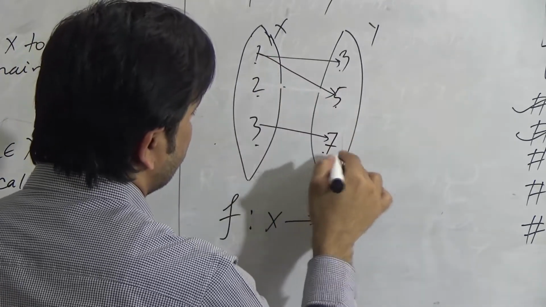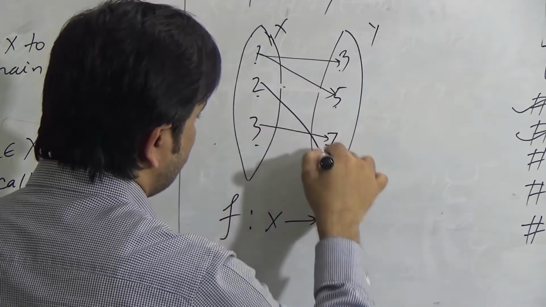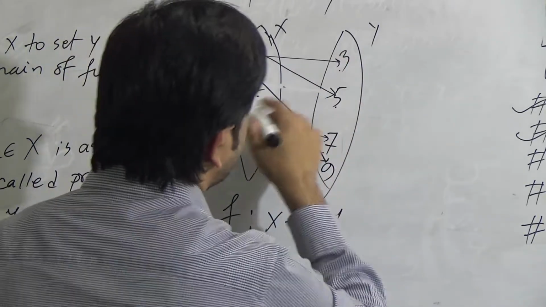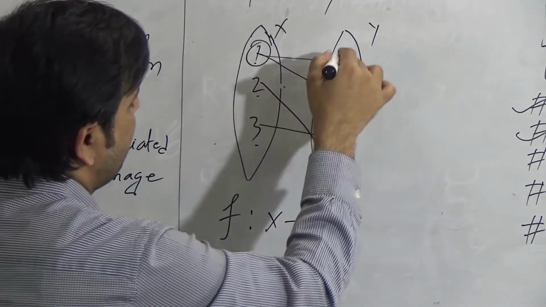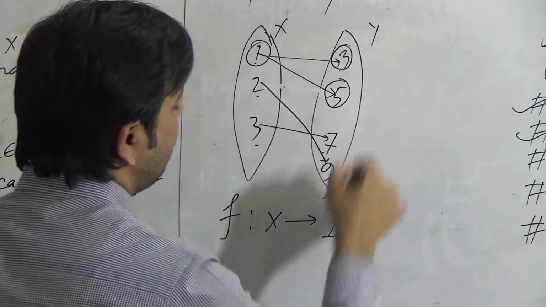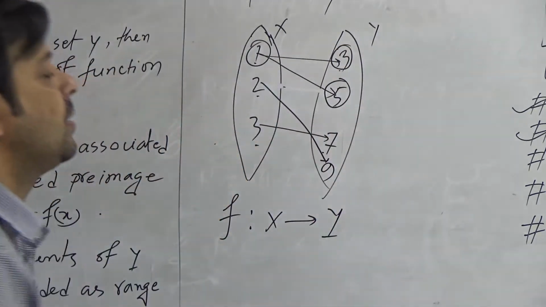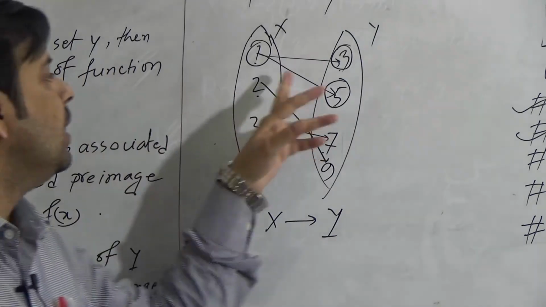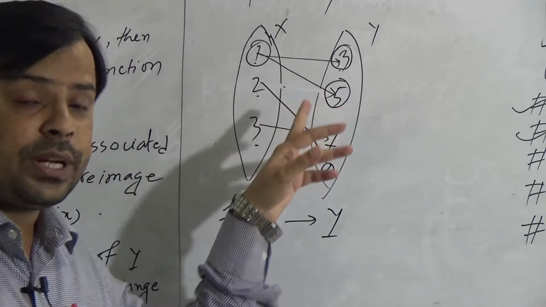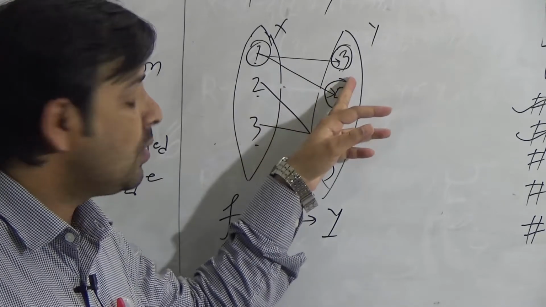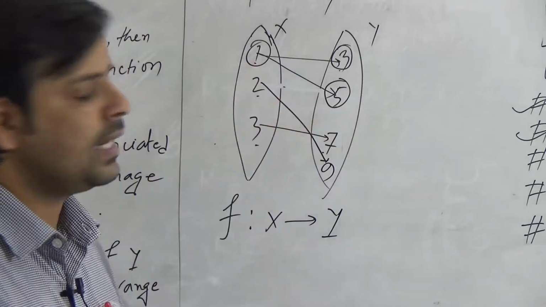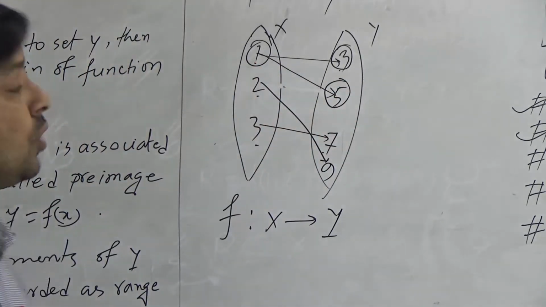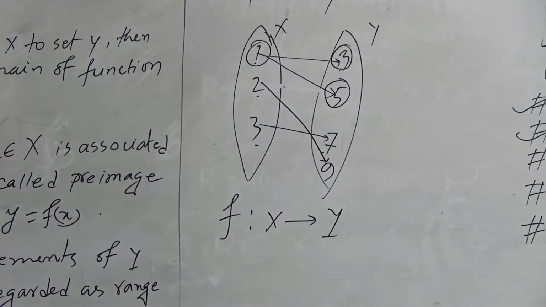Okay, dear students, and you need to remember that if we consider here another element 9, if 2 is related to 9, now see, for 1 we are getting 2 elements, 3 and 5. As we are getting 2 elements in set Y for 1 element in X, this is not a function.